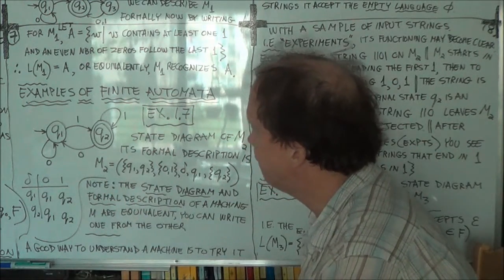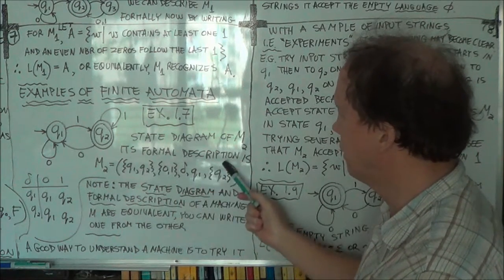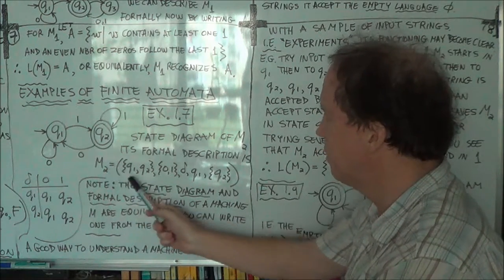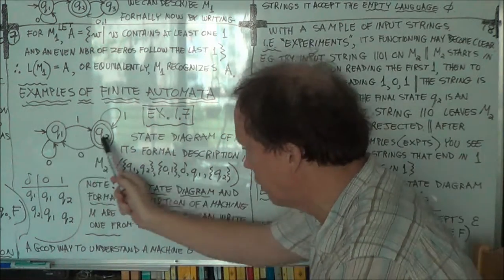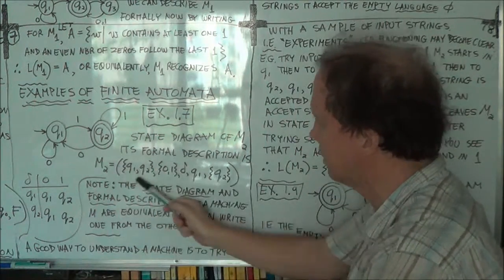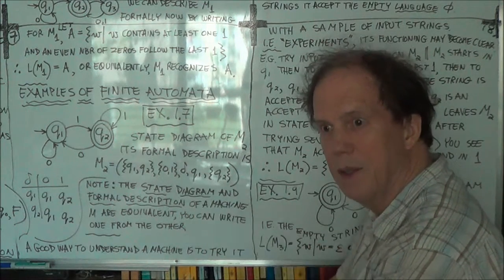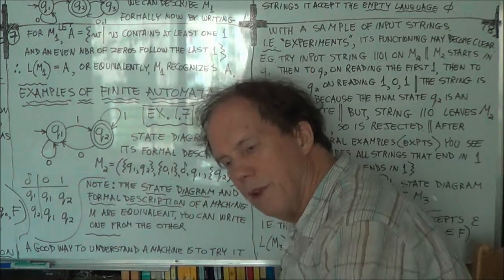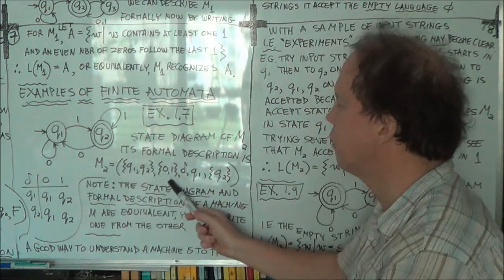So let's give its formal description using the formal definition. M2 will be, now here's your capital Q, it's just the list of states, Q1, Q2, the set of states. This is sigma, that's the alphabet, the set of allowed input symbols, 0 and 1, so that's just the binary alphabet.